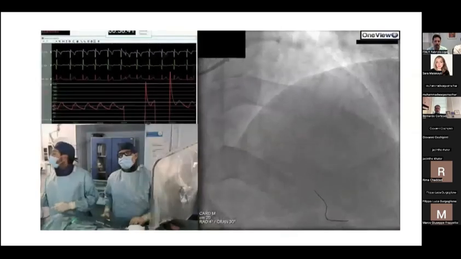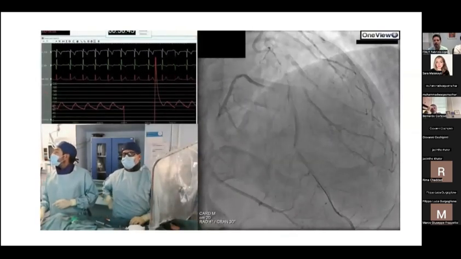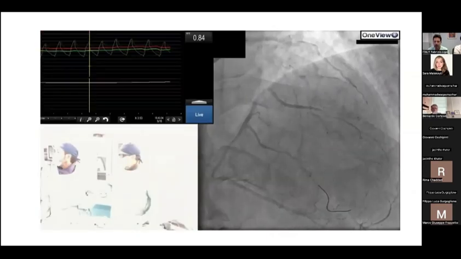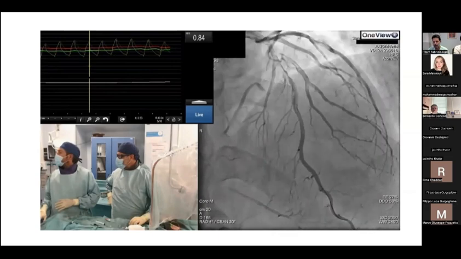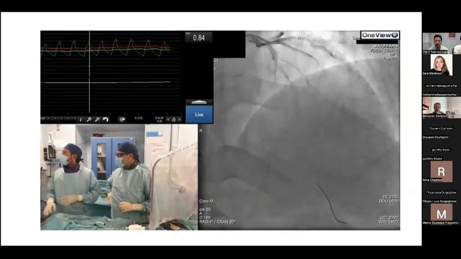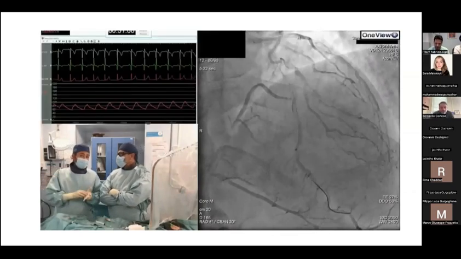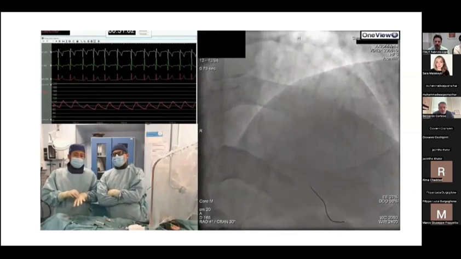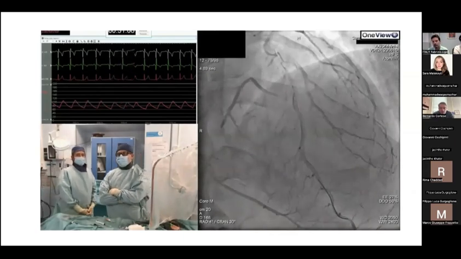So I start with my live cases. In this case you can see the disease of the LAD. I put my Coroventis guide wire in the distal part. I check the RFR, I check the basal FFR, and then I test the full physiology.